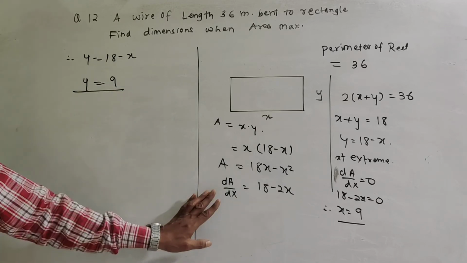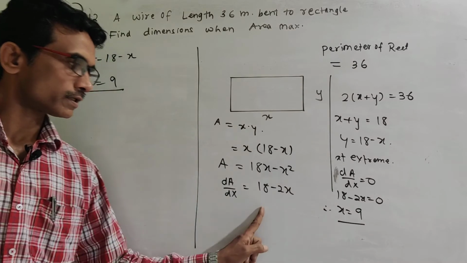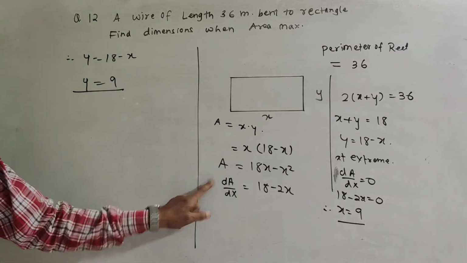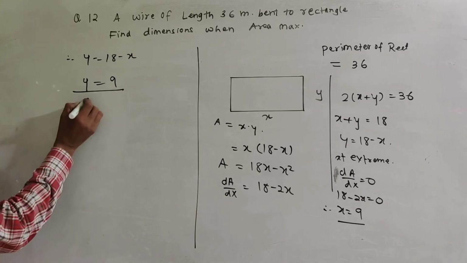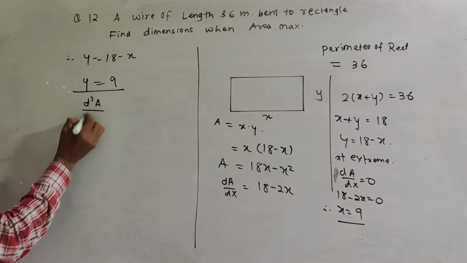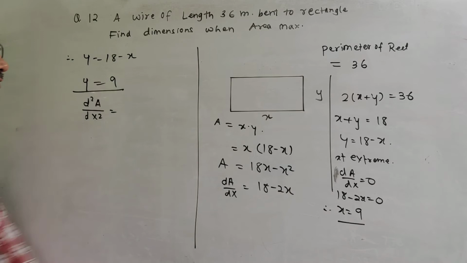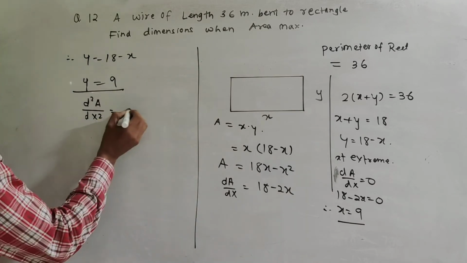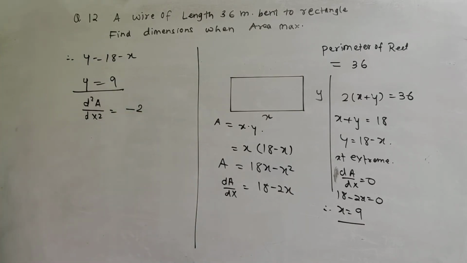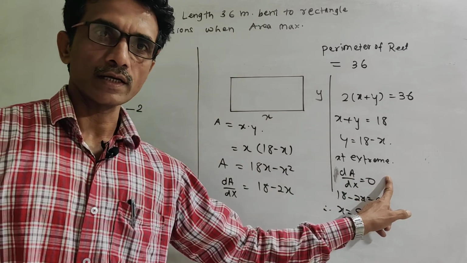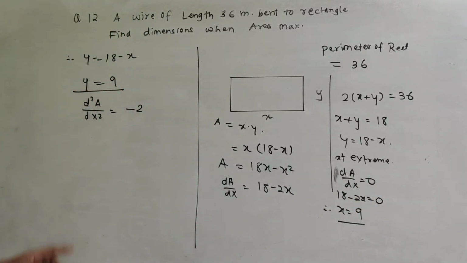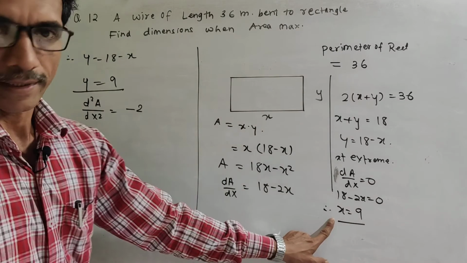We want to show that at this point the function has a maxima, that is, the area is maximum. The second order derivative d square A by dx square is minus 2 and it is independent of x. For x equal to 9, the first order derivative is 0, so this is a stationary point.